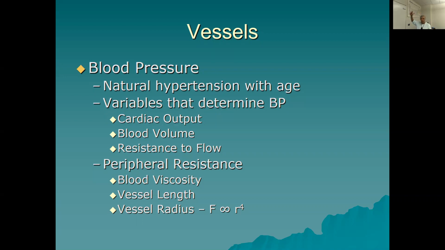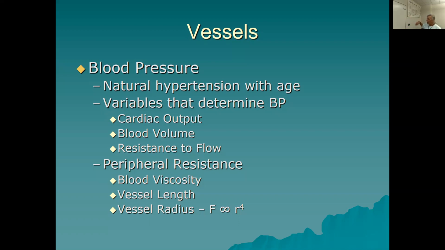Dilation of blood vessels all over your body will decrease blood pressure. And that's called resistance to flow. The greater the resistance to flow, the higher the blood pressure; the less resistance to flow, the lower the blood pressure.